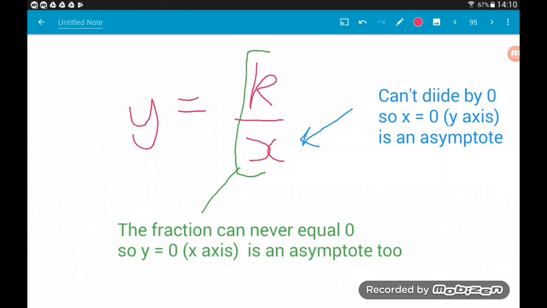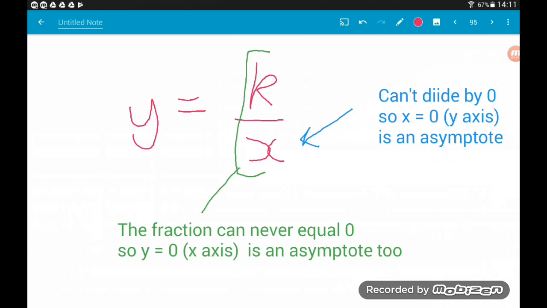Now we also have another asymptote, and that comes from the fact that k over x can never equal 0. Whatever k is, k has to be a constant, not equal to 0, otherwise we've just got y equals 0, which isn't very exciting.